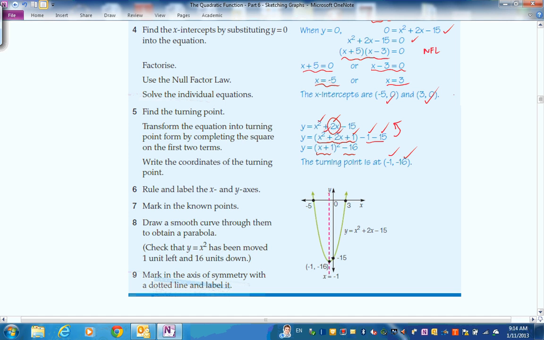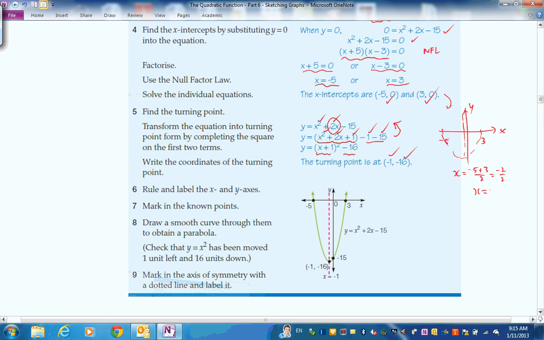Okay, do you want to check it with the halfway between method? Let's have a look at it. You don't need to draw the graph, but let's have a look. -5 here, and 3 up here. Axis of symmetry somewhere halfway in the middle. We know it's going to go like this. So what's halfway? The x value is -5 plus 3 on 2, which is -2 on 2.